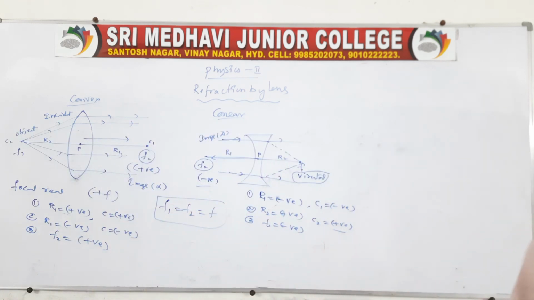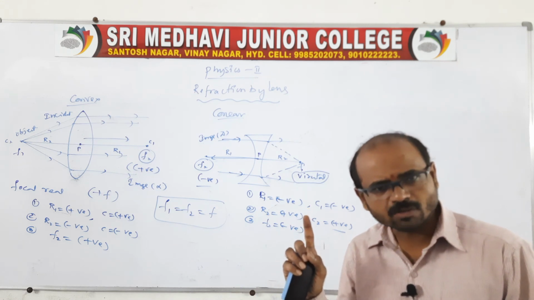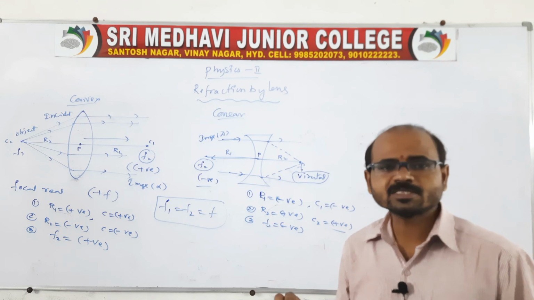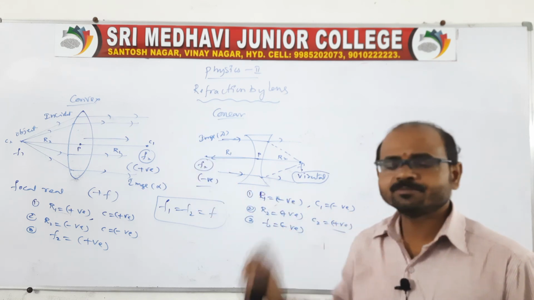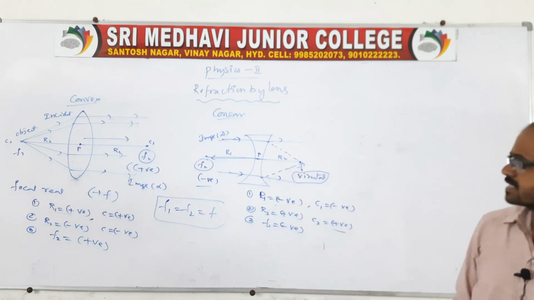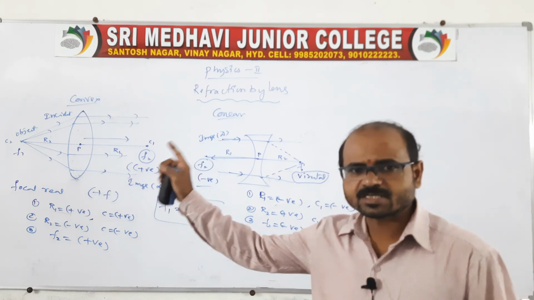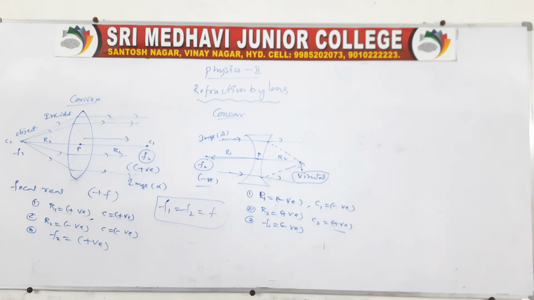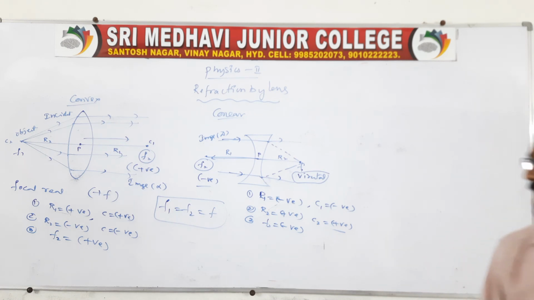For the two lenses we have two focal points, and we should always consider only the second focal point for calculation purposes. In the case of a convex lens, the focal point is real, and in the case of a concave lens, the focal point is virtual. Convex is real, concave is a virtual focal point. Clear? This is about lenses theory, lens concept and sign convention.